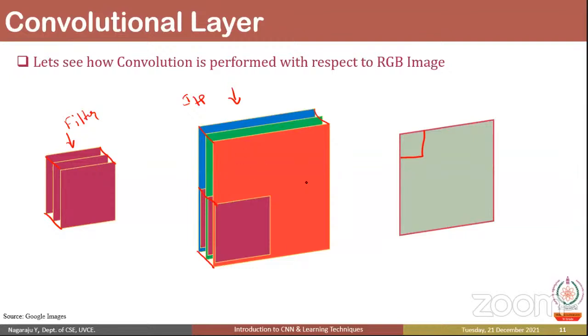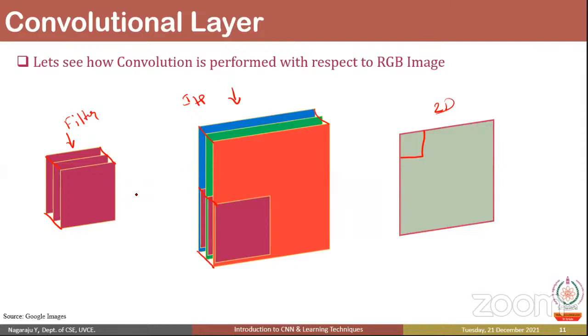Here the output is the same. Whether you apply convolution on a 2D image, that means only one channel, or a 3D image with three different channels, the output is going to be 2D. Why is it 2D?